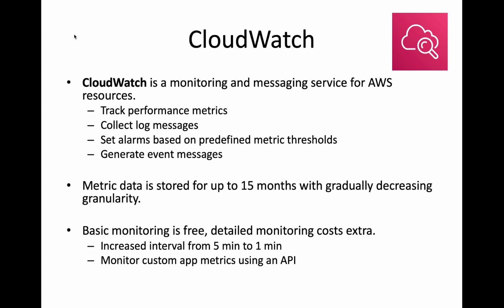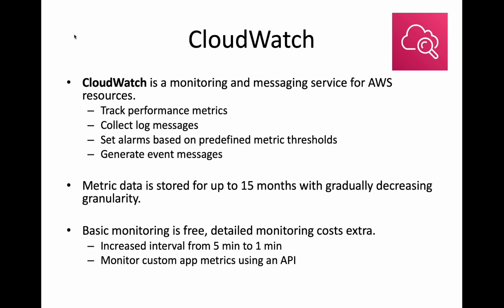We can use it to track the different performance metrics for things like our EC2 instances and RDS databases. We can use this to see the CPU utilization on our AWS EC2 instances, or to see the I/O requests that are being made to our databases.